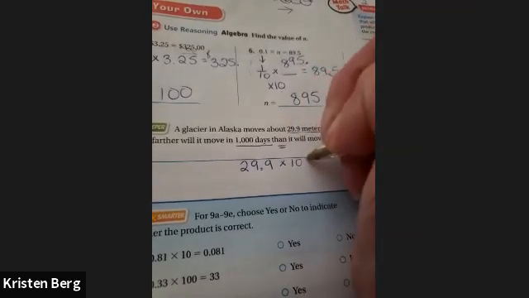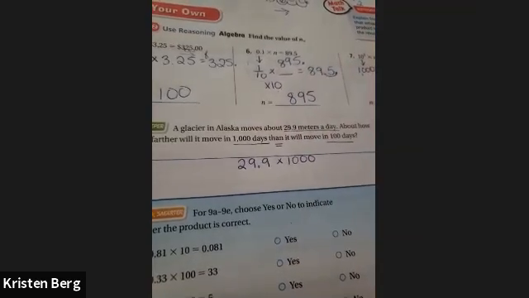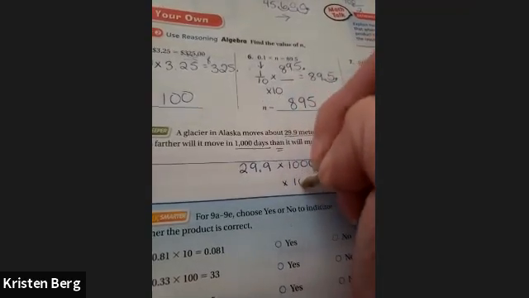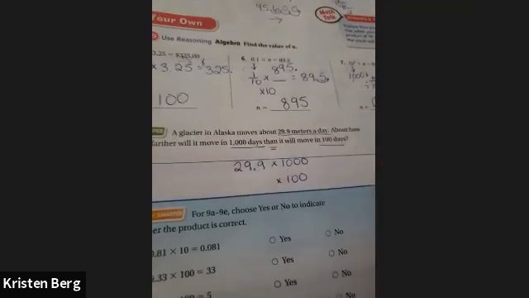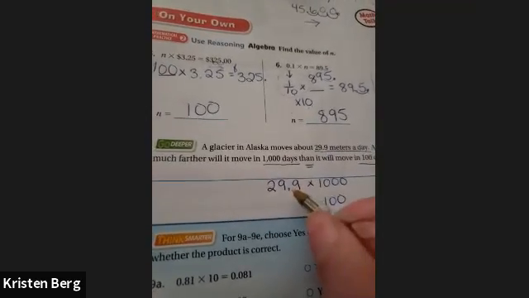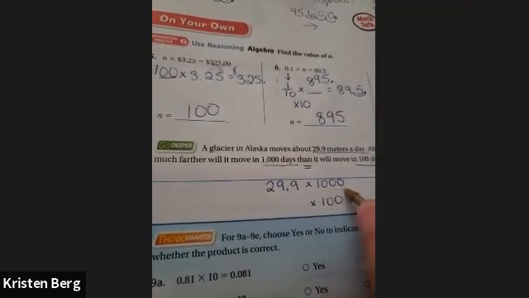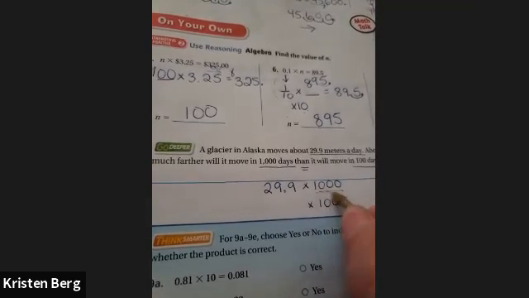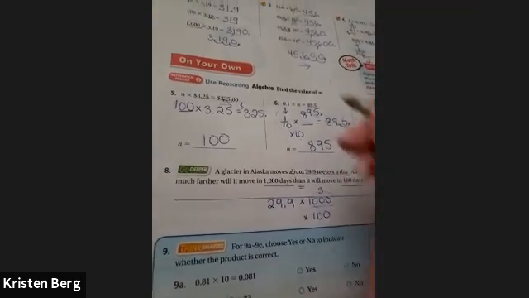First, we were supposed to find how about 1,000 days bigger. What would 1,000 days do? And then what would 100 days do to this? So first of all, 1,000 means you're going to be making it larger. Remember, how many zeros is the trick or the hint as to how many places. It is 3 places larger.